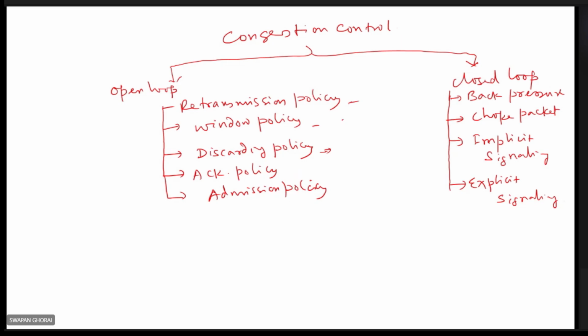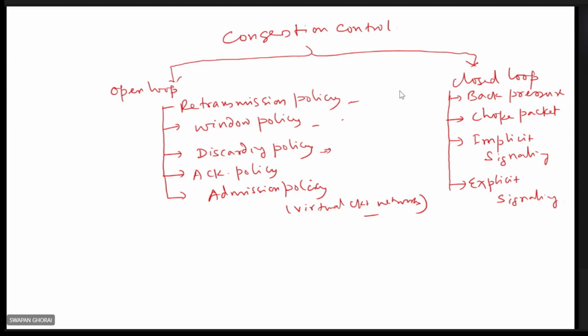Admission policy is used generally for virtual circuit networks. This one, admission policy, can also prevent congestion. In this case, switches first check the resource requirement in a data flow before admitting it to the network.